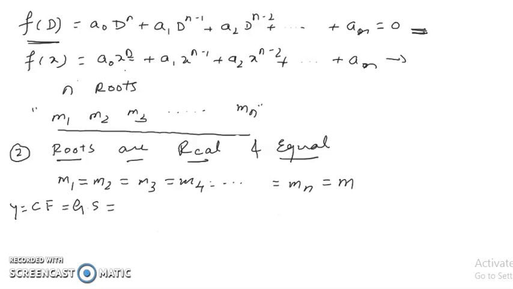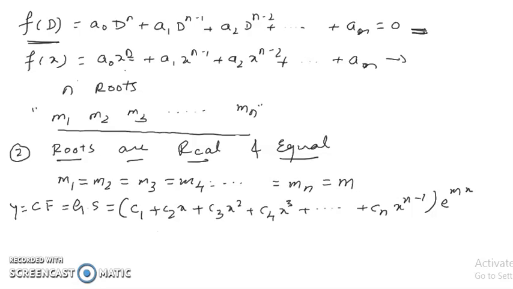So y is equal to CF, or general solution, which is C1 plus C2 x plus C3 x square plus C4 x raised to 3 plus, and so on, plus Cn x raised to n minus 1, into e to the power mx.